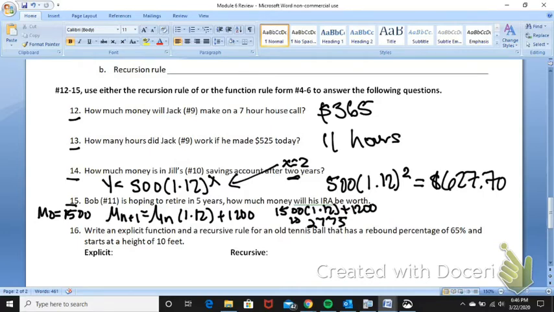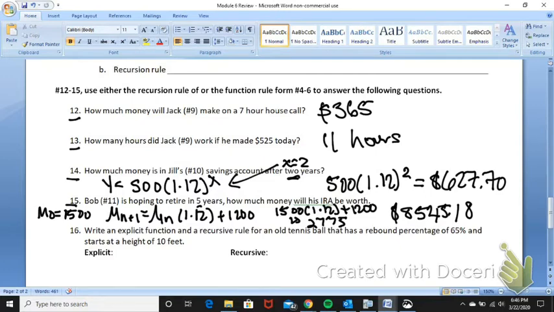So we have to do this 5 more times. So your final answer should be 8,545 and 18 cents, somewhere in that area. So like I said, this is a lot like the problem that you did yesterday on number 8. So if you can work that one, then this one shouldn't be too bad, just fewer numbers to work with in this case.